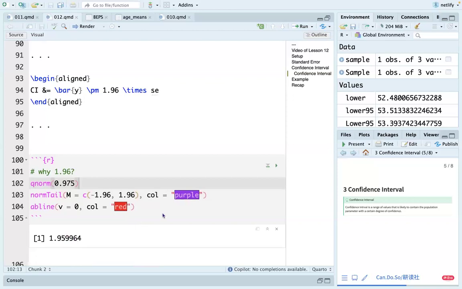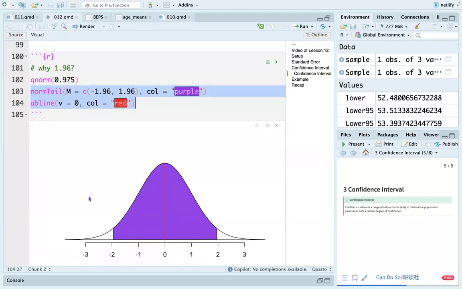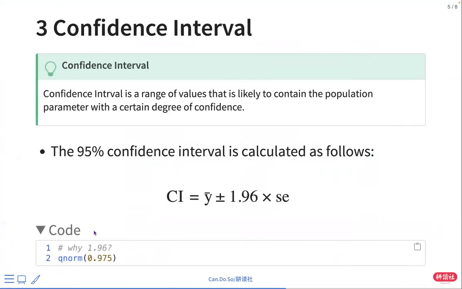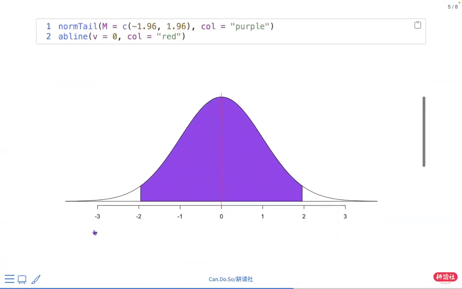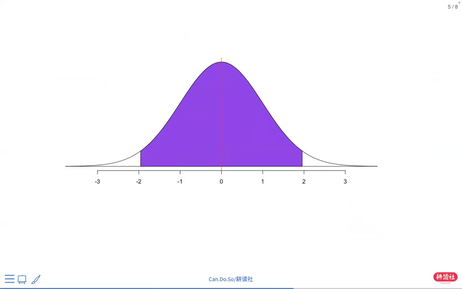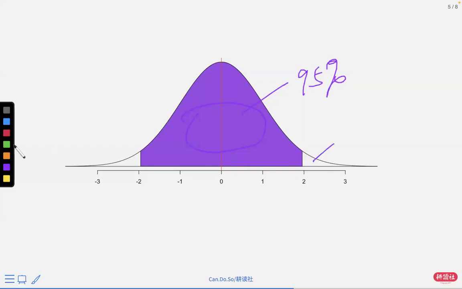And what does this mean? We can see from this picture that in the middle is 95%, and here is 2.5%, and here is also 2.5%.